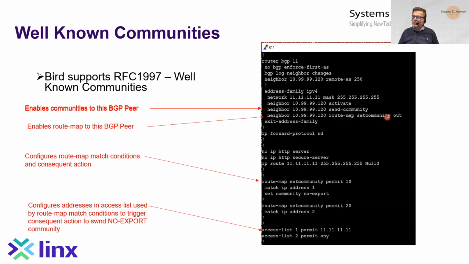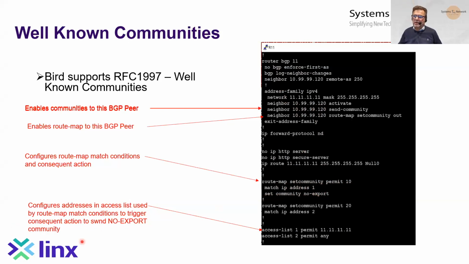That will apply conditions to the routes being advertised to this device in the outward direction. The route map here is specified, so this is like my preferences that I want to apply to my advertised routes. I have a route map called set community, with a sequence number or index number here, and I say set community to no export. Then I send my routes to my peer, in this case the route server, and those routes will be sent with the no export string in them.